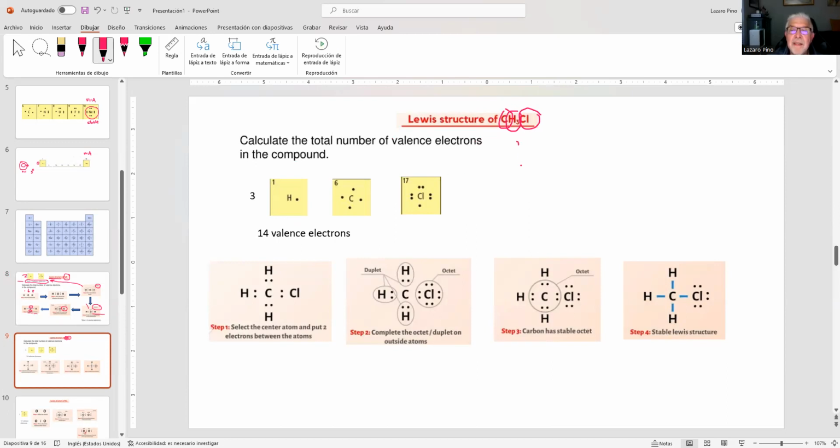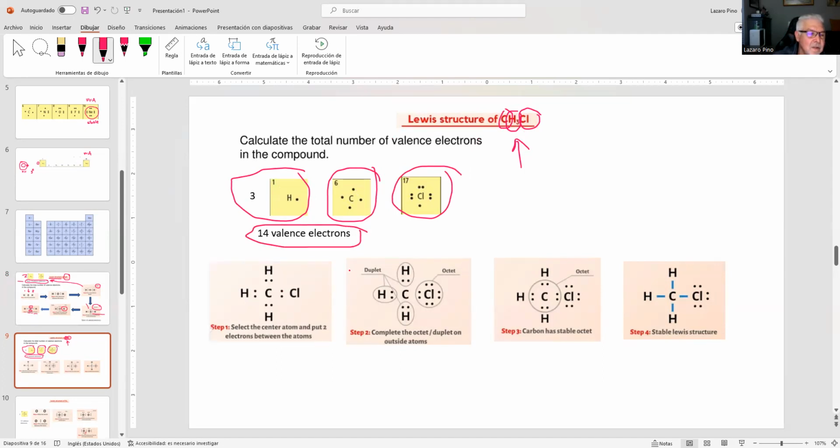Well, you're going to study this compound in organic chemistry. Then what we see is that we have 3 electrons from hydrogen, 4 electrons from carbon, and 7 electrons from chlorine. In all, we have 14 valence electrons.